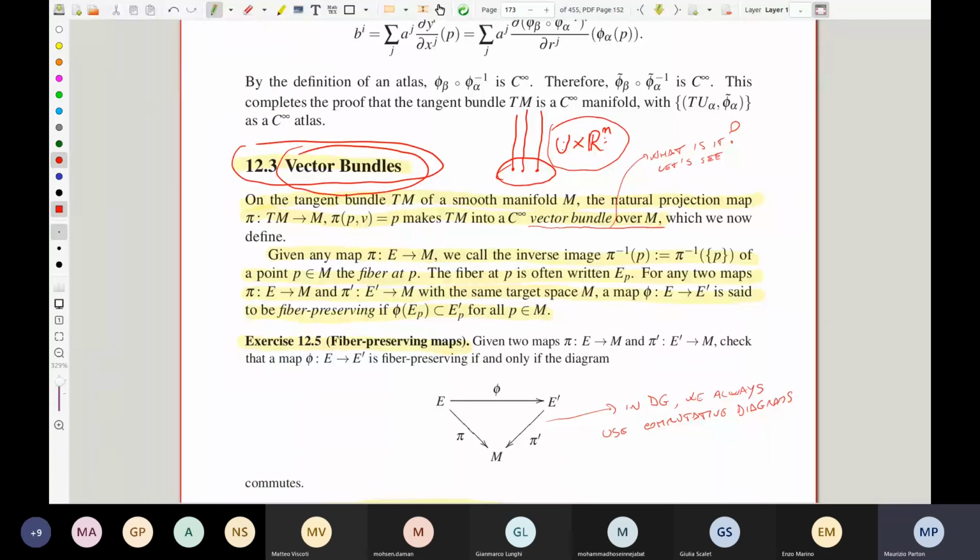Okay? If you have a set, let's say E, that locally looks like this, then we say that you have a vector bundle. Of course, there are some more hypotheses. But that means a vector bundle is something such that on a point you have a vector space, and if you need to look locally, that space is just the product of an open set with the prototype of the vector space.